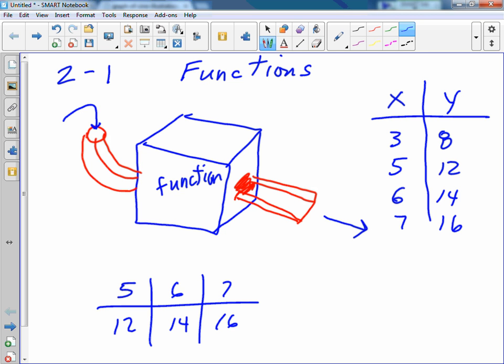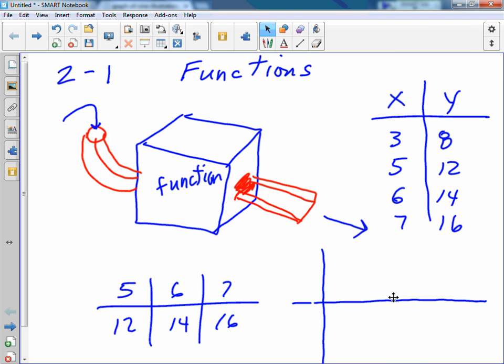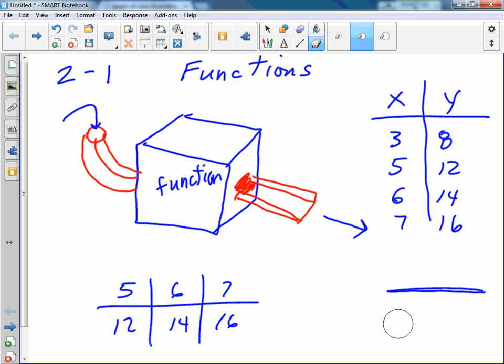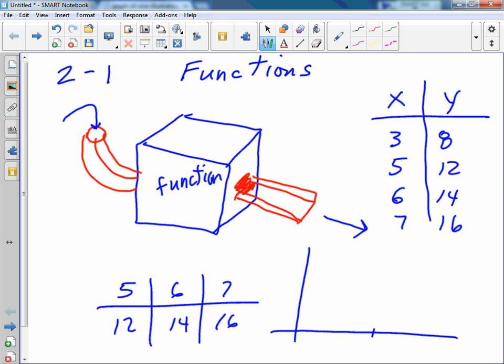Well, we can graph it. We have tables and we have graphs. So we had 5, 6, 7. How are we doing, Sean?